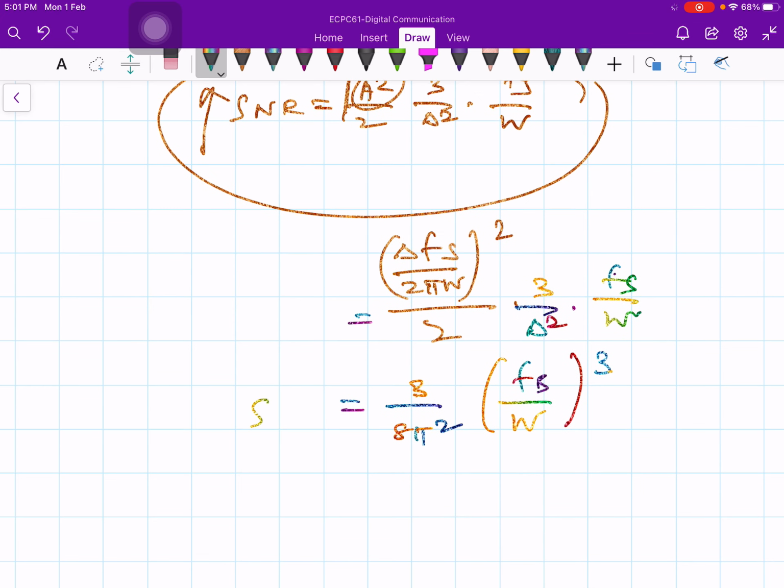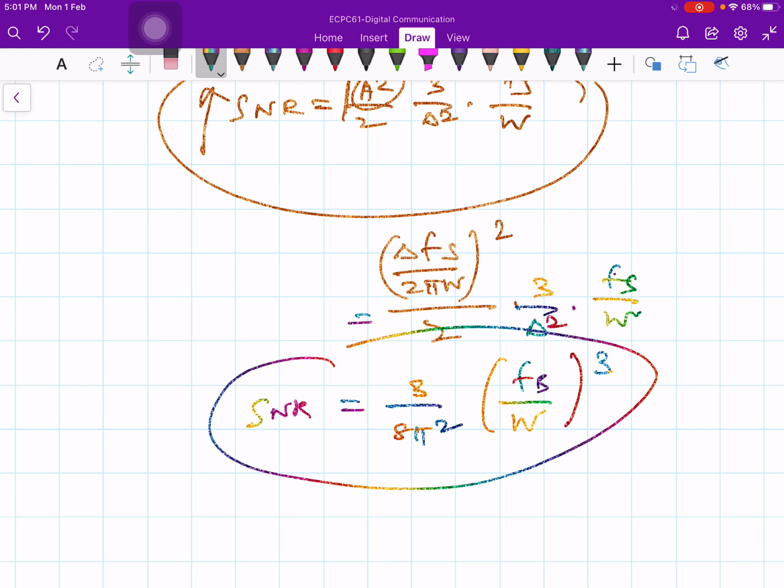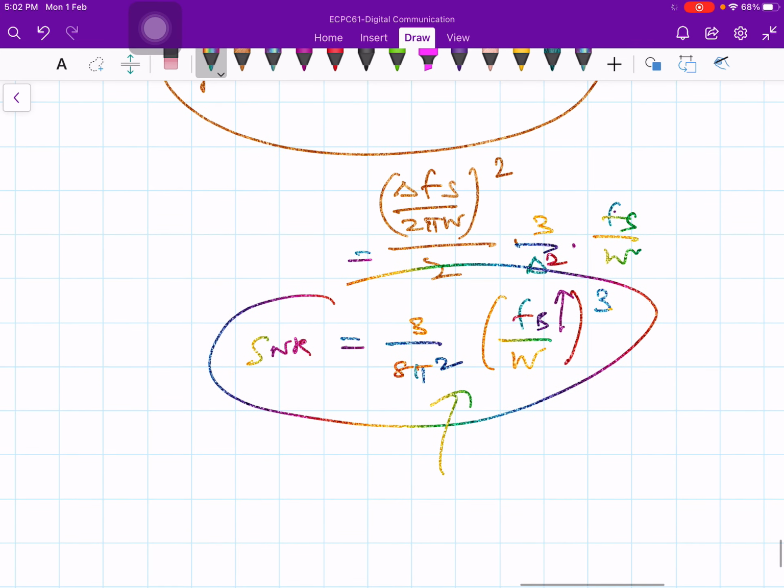So this is the signal to noise ratio of the delta modulator. So we have this expression for SNR in a delta modulator. The maximum SNR depends essentially on two things. If you increase the sampling frequency, then the SNR is increased. That is obvious, right? By the way, this is the maximized SNR.